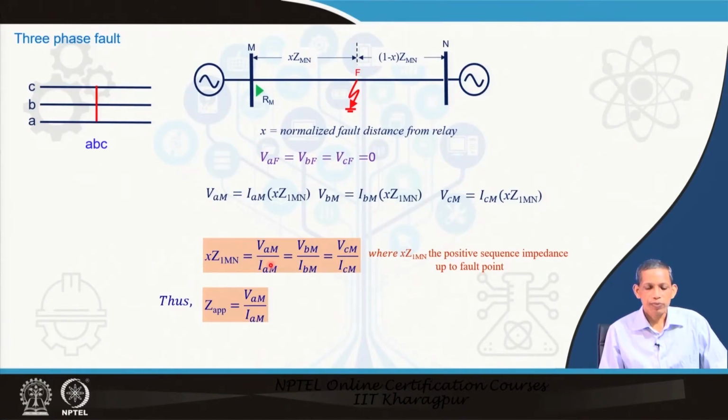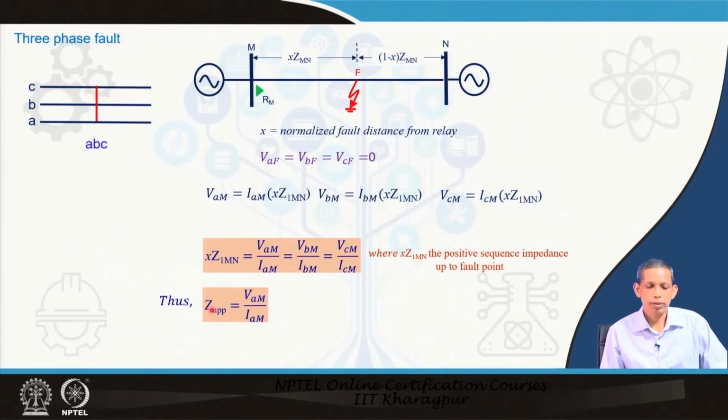So, for this fault, the positive sequence fault impedance up to the fault point, which the relay calculates, can be obtained from the voltage and current of any phase.